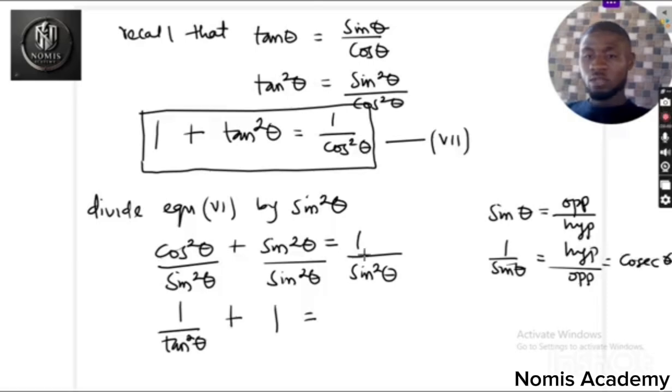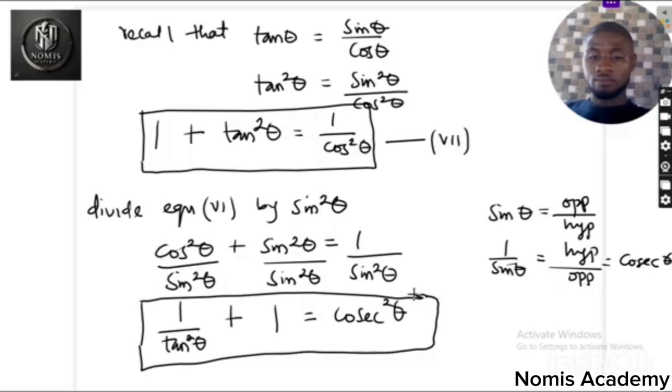That tells us that the inverse of sin squared theta is cosec squared theta. So this is cosec squared theta. This is another identity that we should hold dearly in our heart for future uses. So let's take this as identity, or let's say equation 8.